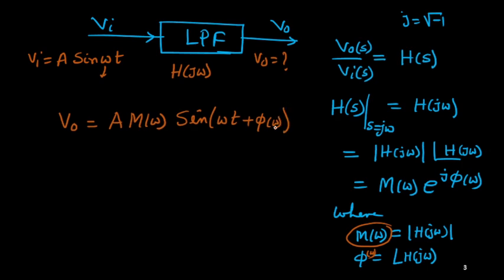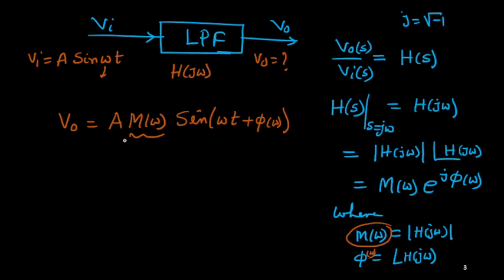So this is the complete response. You need to assume this right now, and we can discuss in other classes how to get these things. But one important thing is that this magnitude response of the system is multiplied with the amplitude of the input signal, and the phase will be added.